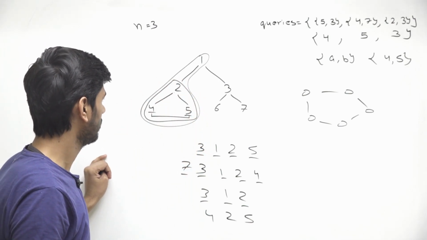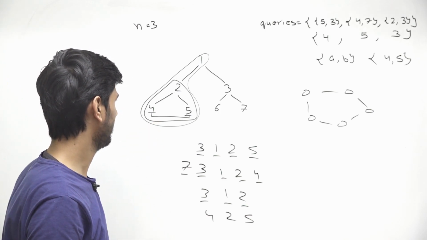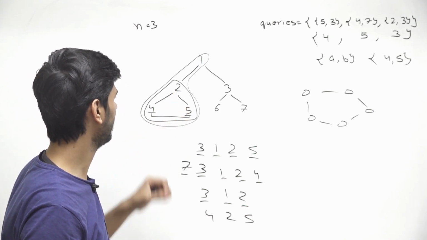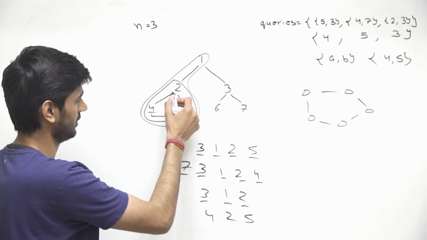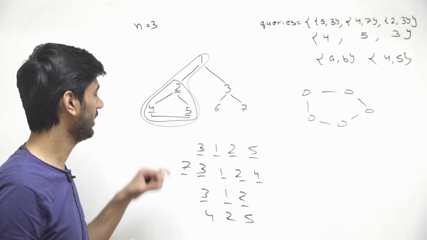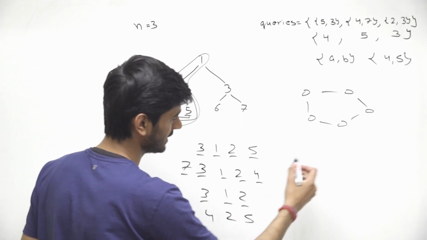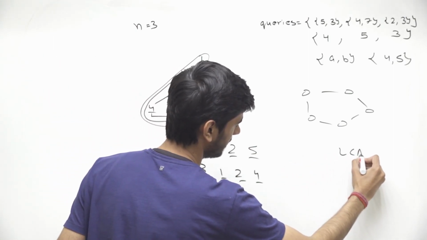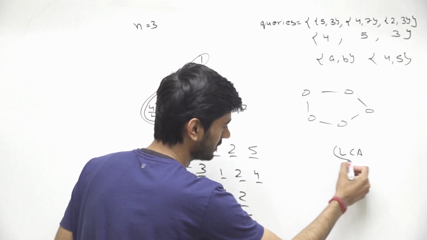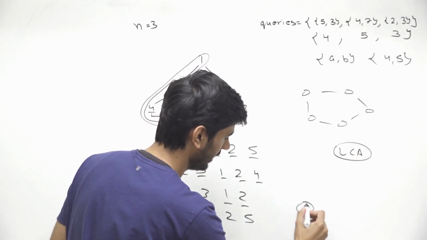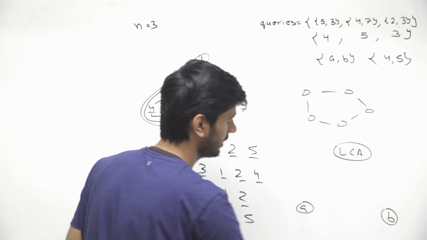Cool. So in this, can we say that our answer is dependent on the lowest common ancestor? Our answer is dependent on the lowest common ancestor, and that makes sense, right? Because let's say a node is the LCA, and we have A here and B here, right?